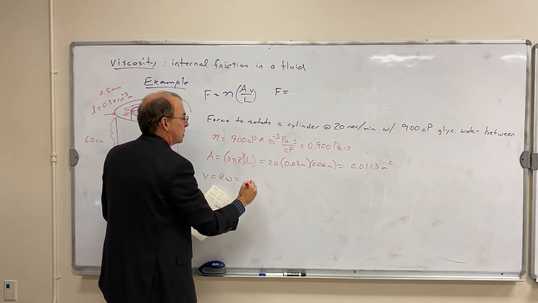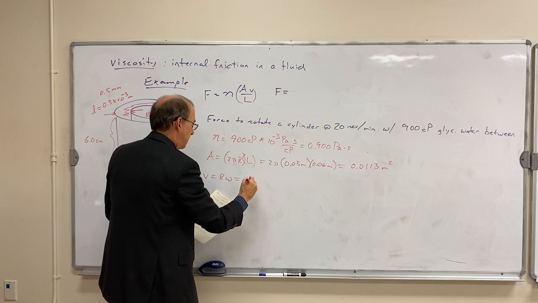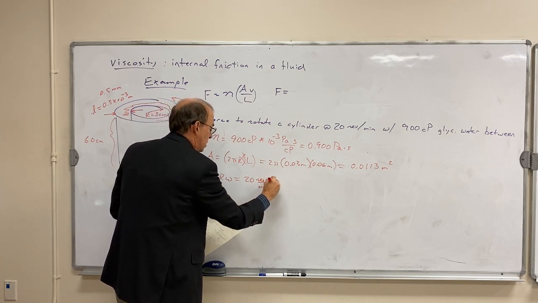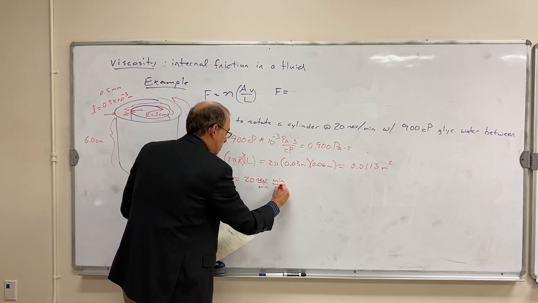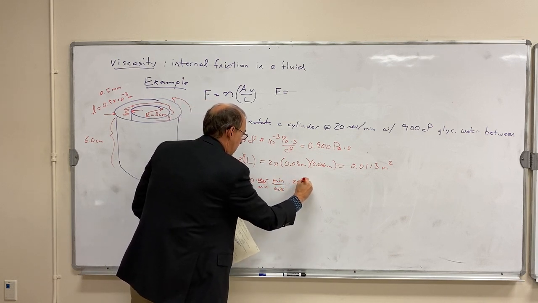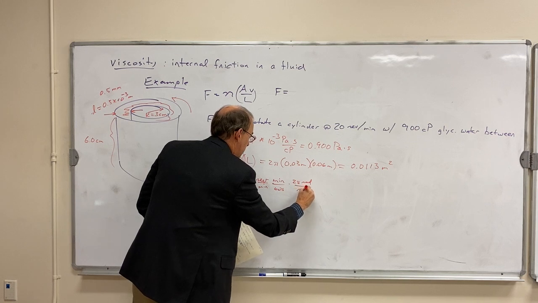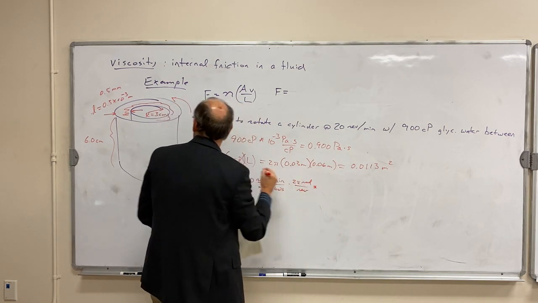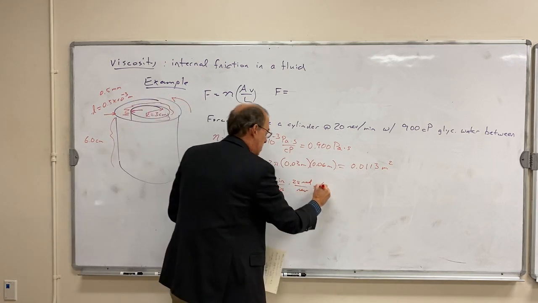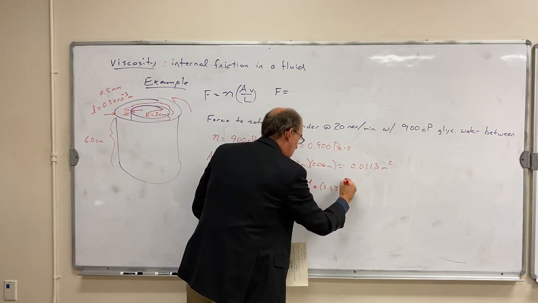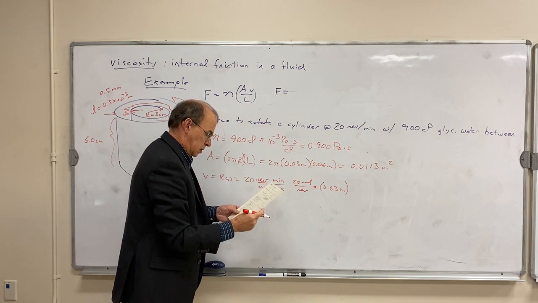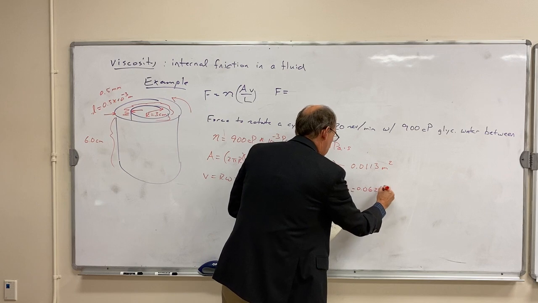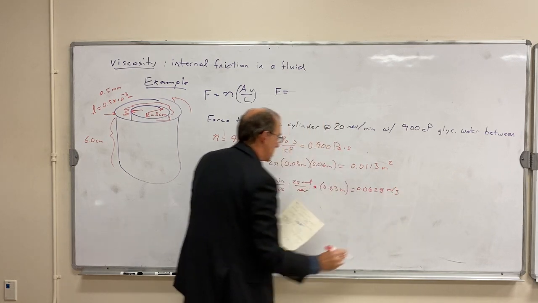That is 20 revolutions per minute times a minute per 60 seconds times 2 pi radians per revolution times the r, which was 0.03 meters. So the velocity of the plates is 0.0628 meters per second.